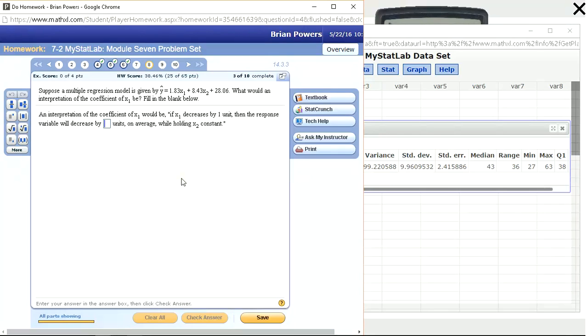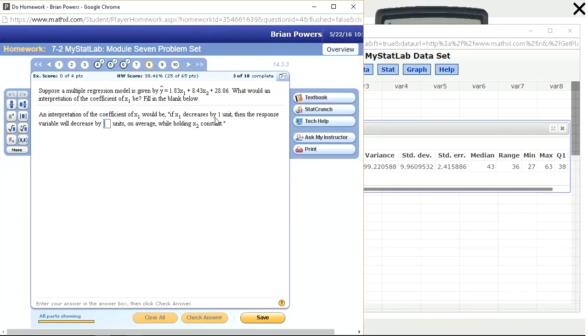Okay, so let's talk a little bit about the multiple linear regression models. If we have our model y hat is 1.83x1 plus 8.43x2 plus 28.06. Whatever x1 and x2 refer to, there's no context in this problem, but the idea is if we were able to control for x2, hold it constant, and just change the value of x1 by 1 unit, so what do we have here?